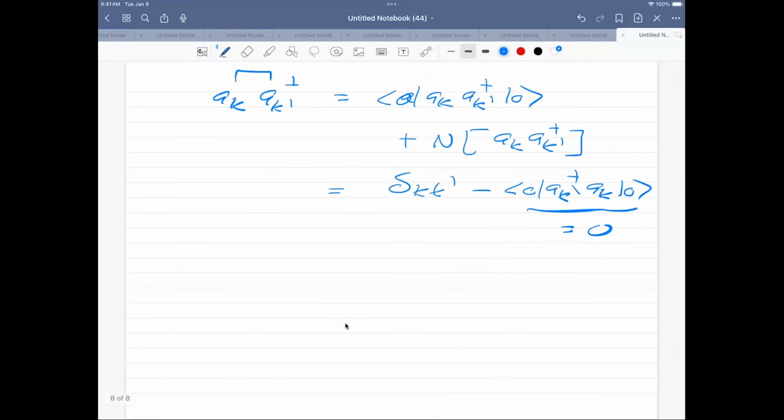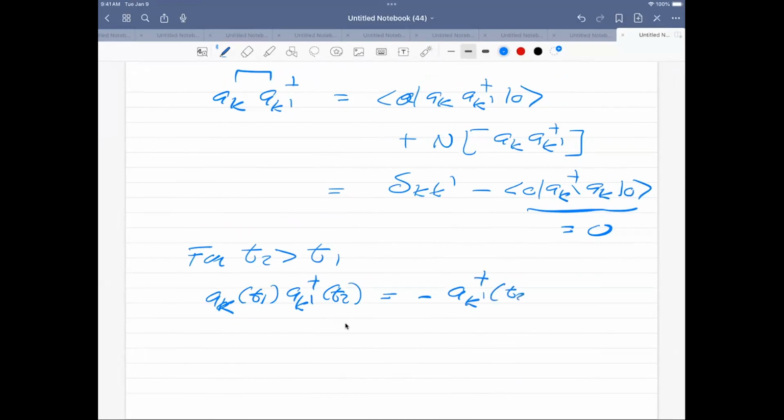Now, if I then take the case for T2 larger than T1, what I'm getting then is the following. So I have an AK of T1 and AK prime dagger of T2 here, which is then equal to minus, and I have an AK dagger because I'm time ordering it, and I have assumed now that T2 is larger than T1.